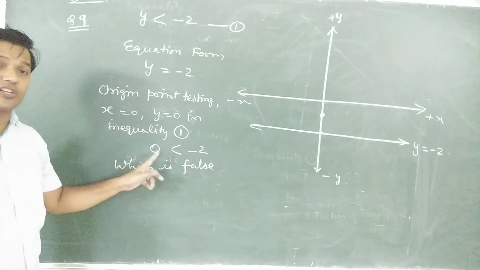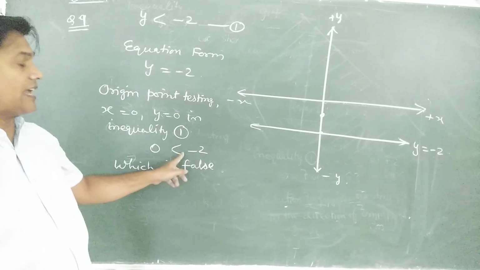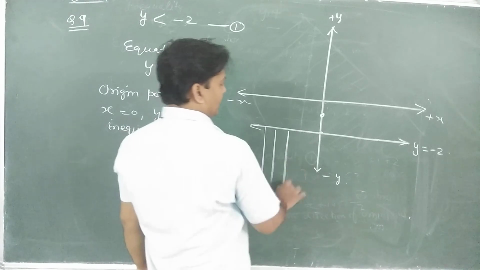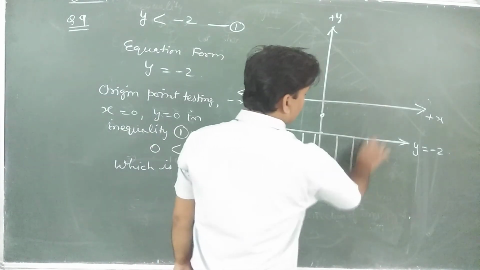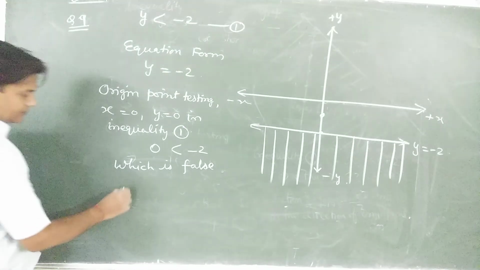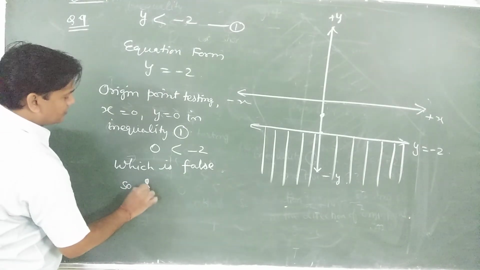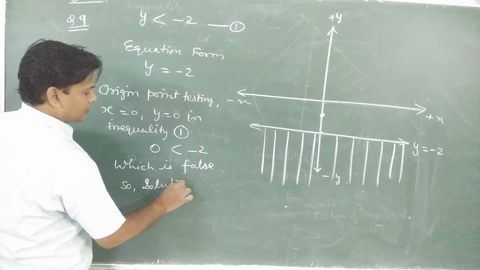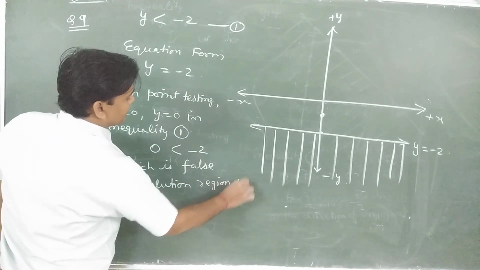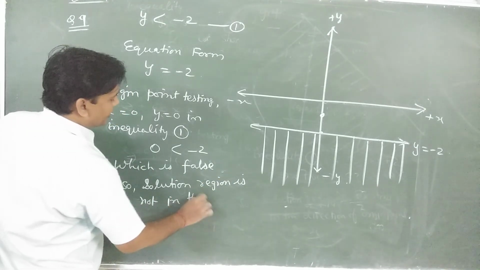You know that 0 is greater than minus 2. It is not true that 0 is less than minus 2. So that's why the solution region is downwards of this line, not upwards. This is the solution region. So the solution region is not in the direction of the origin point.